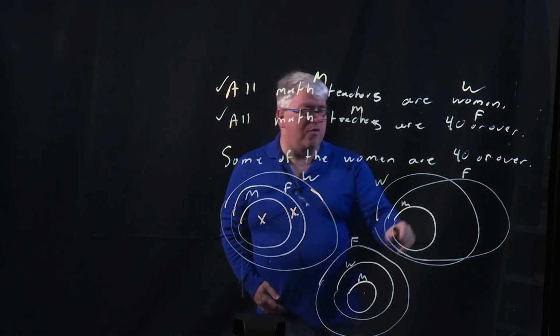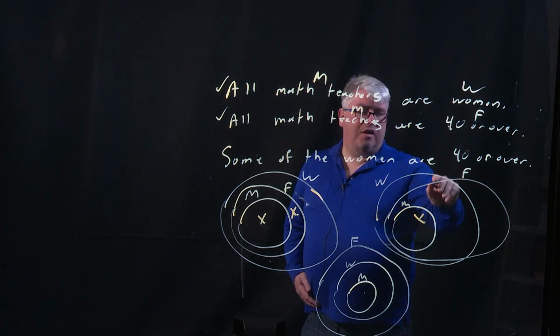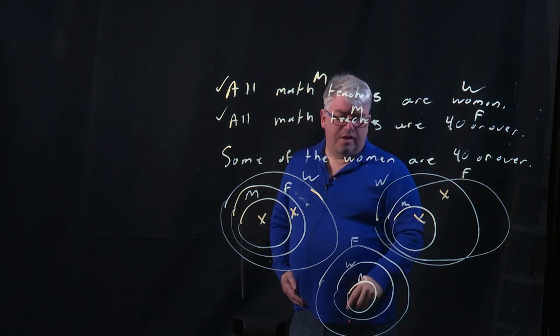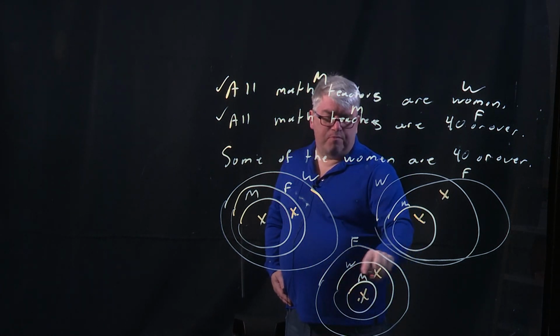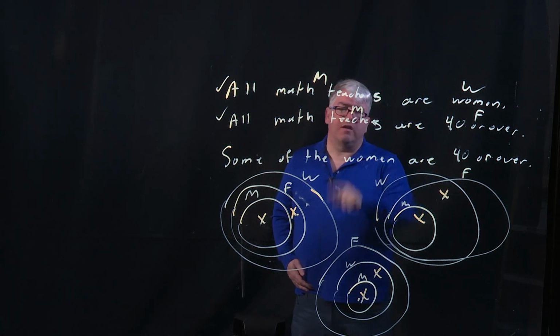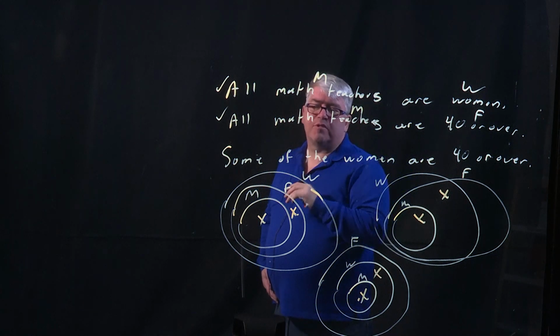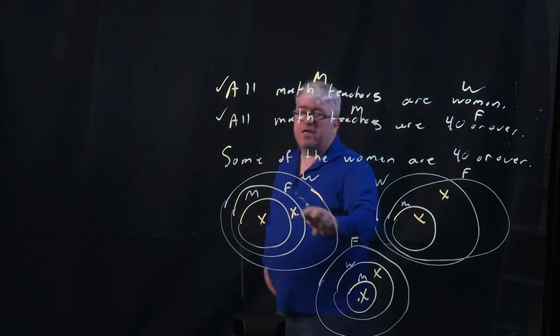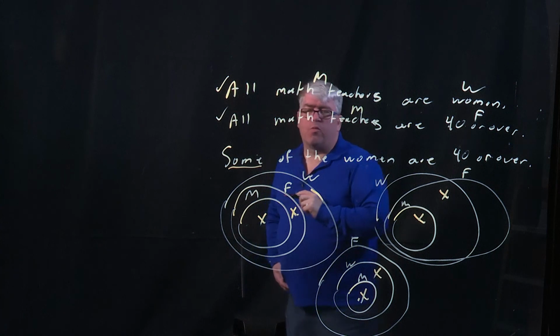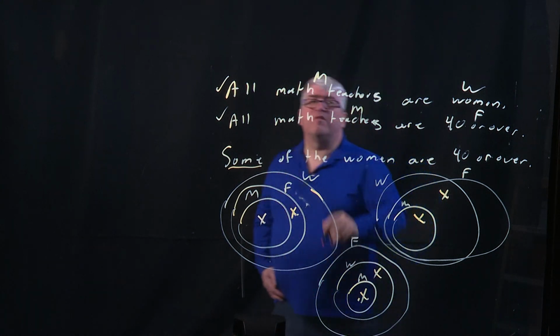In this picture, here would be such a person, here would be such a person, and this one, like that. Any of these people would be a woman who is 40 or over. So in all possible ways to draw the two premises, there is at least one woman who is 40 or over. So I'm going to have to say this one is valid.